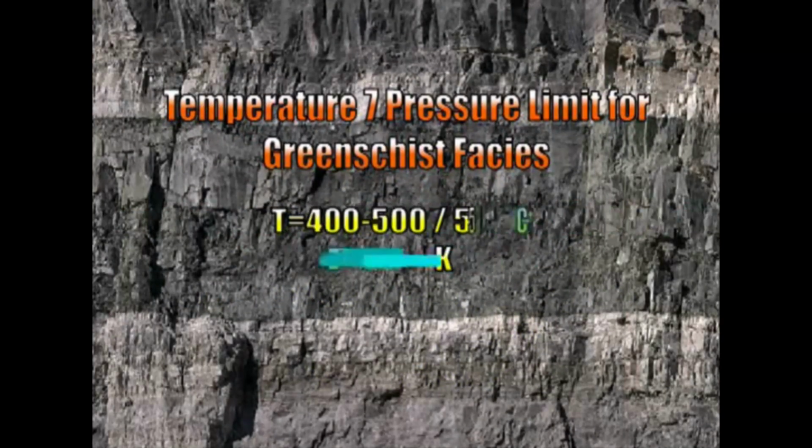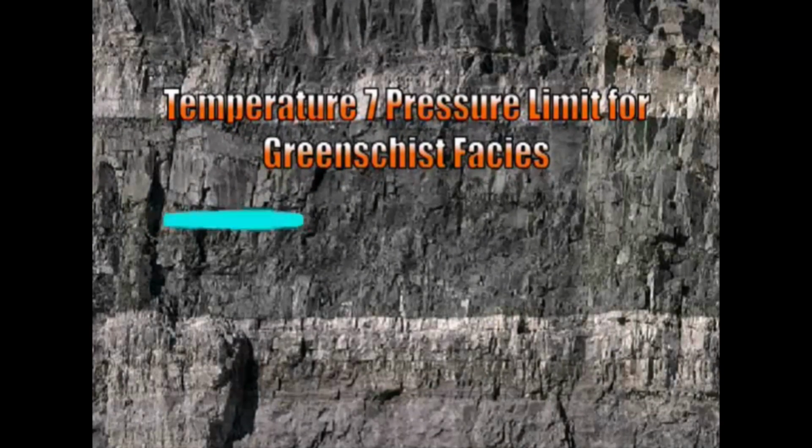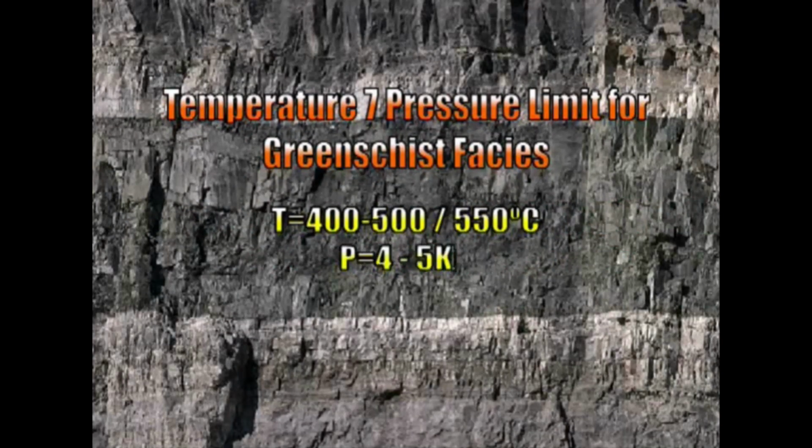Thus, we can suggest that temperature and pressure limit of greenschist facies varies from 400 to 450 to 550 degrees centigrade and pressure from 4 to 8 kilobar.